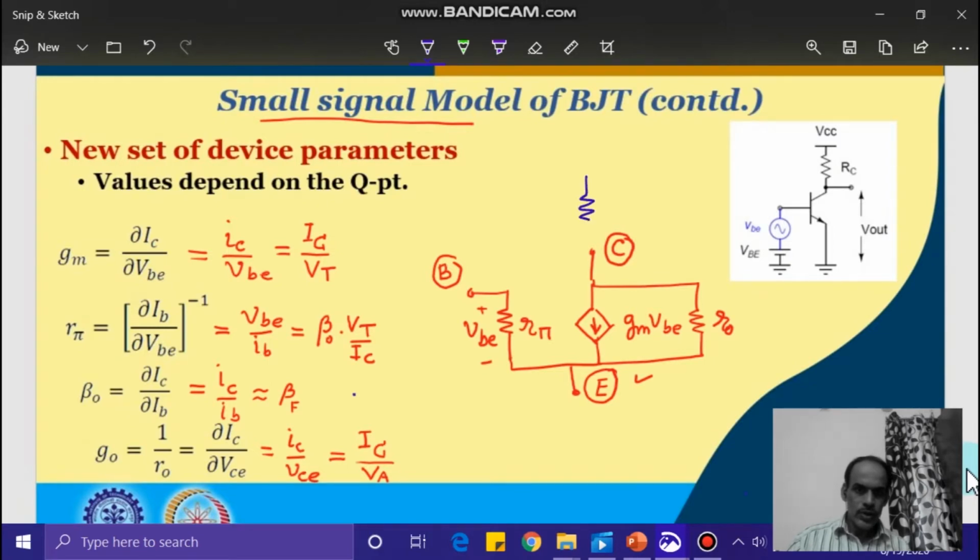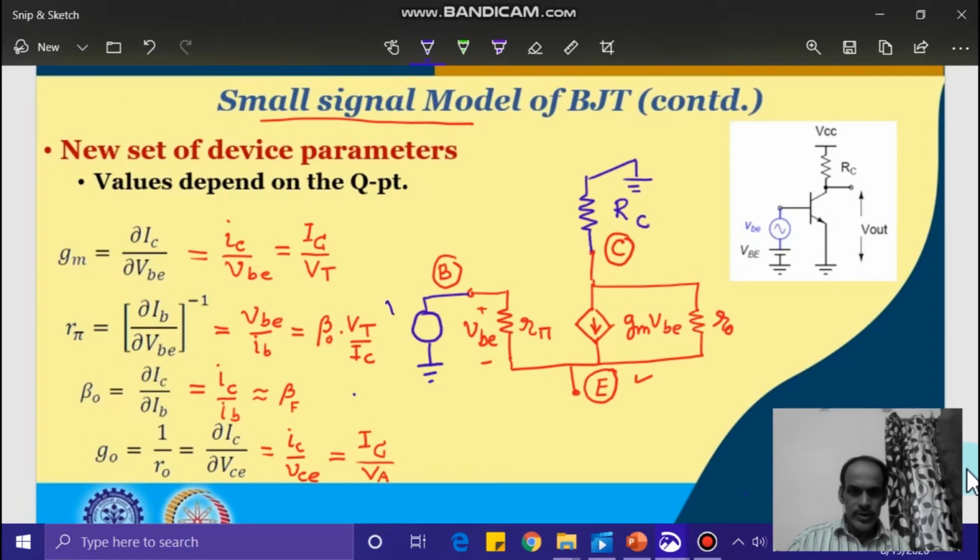Along with the small signal equivalent circuit of the BJT, let us also integrate the other components of the circuit, namely the RC, and instead of connecting this to VCC, consider it as AC ground. Likewise, at the input we have the input signal applied at the base with respect to a DC voltage, but for small signal we consider this DC voltage to be 0.